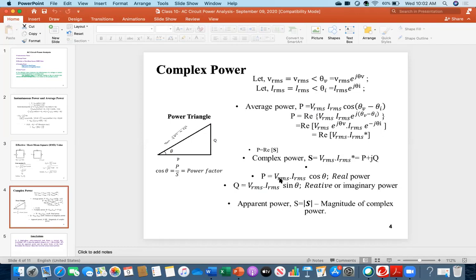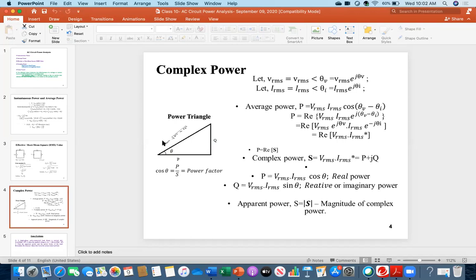The P part is VRMS IRMS cosine theta. Q will be VRMS IRMS sine theta. Because Q over S is sine theta, and P over S is cosine theta according to trigonometry. That's why reactive power Q is VRMS IRMS sine theta.